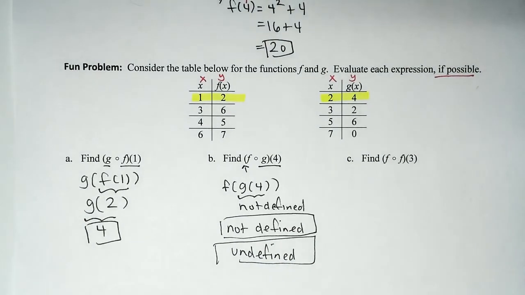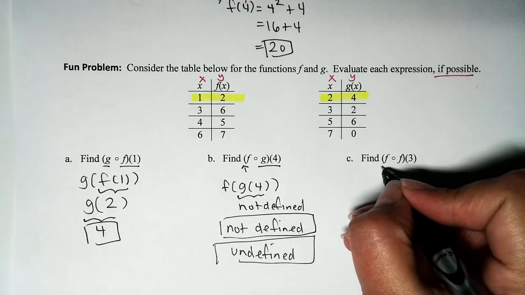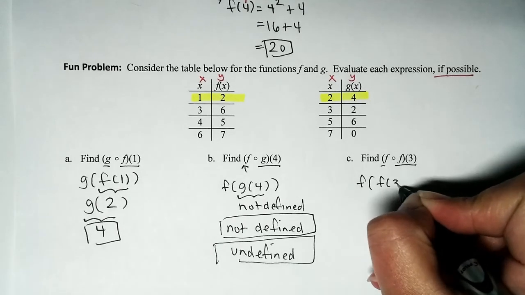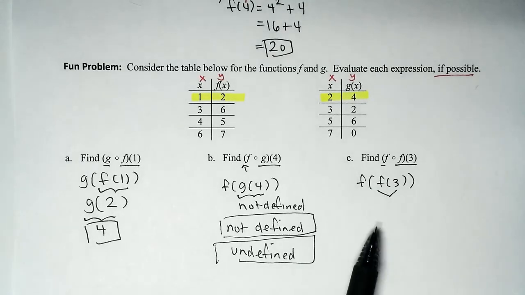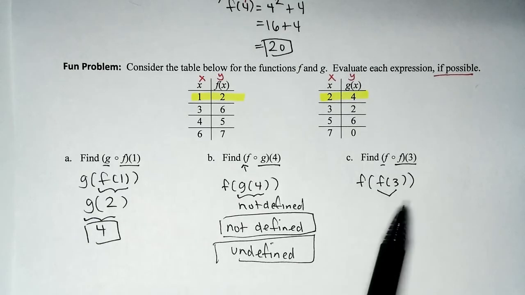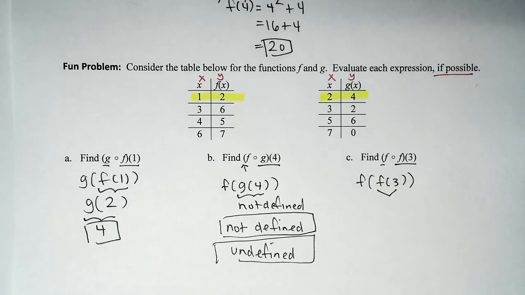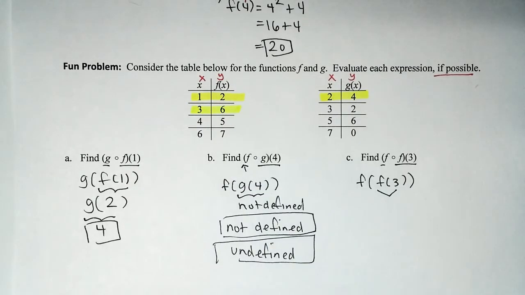Okay, for the grand finale, we have find f of f of 3. It looks a little bit weird, but let's do this. We have this first function, f of whatever we're left with. So we are going to find f of 3, and whatever that is, we're going to find f of whatever we're left with. So f of 3, when the input is 3, what is the output? The output is 6.